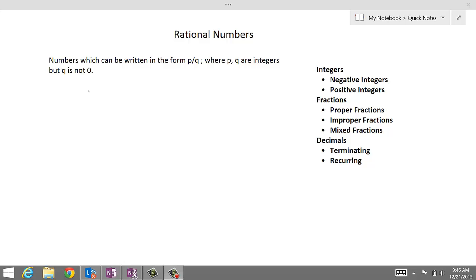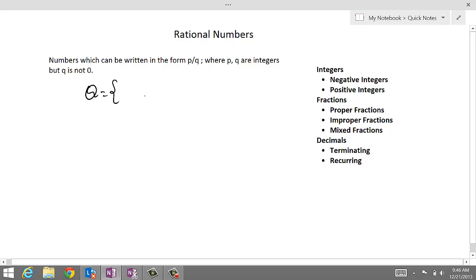In set builder notation, if we give this set a name Q and write this as x, a general placeholder for rational numbers, where x is of the form p over q, where p and q belong to I, the integers, and q is not equal to 0. So this is a mathematical way of writing rational numbers.